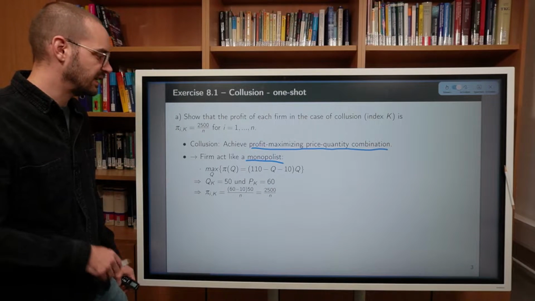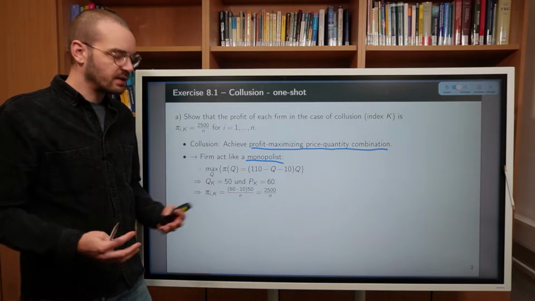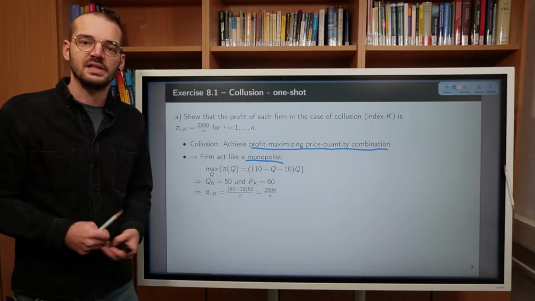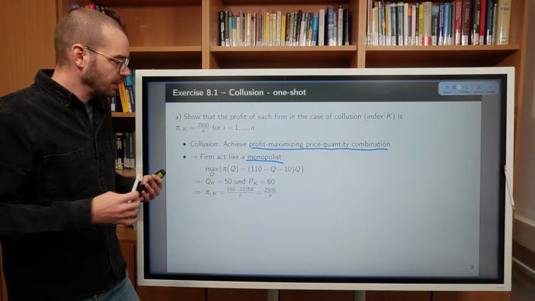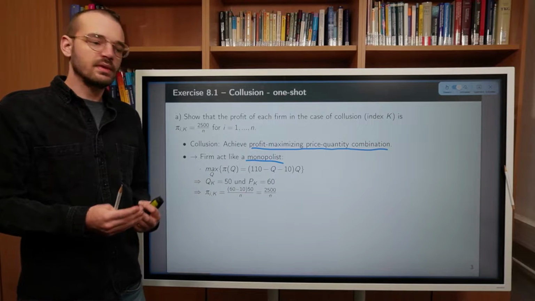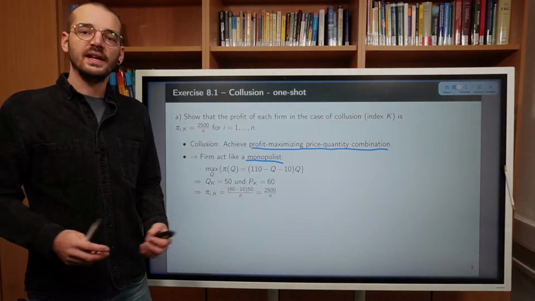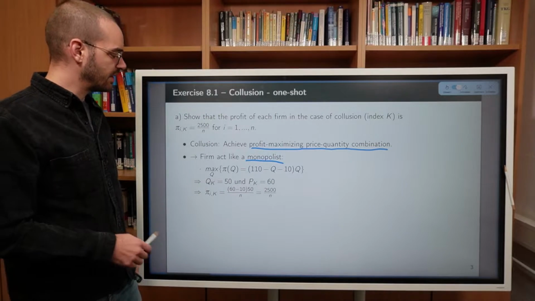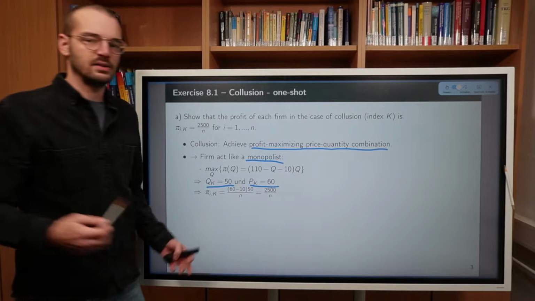Based on this profit function, we can then calculate the profit maximizing quantity in this market. What we can find out is that the profit maximizing quantity and price combination in this market is a quantity of 50 and a price of 60.